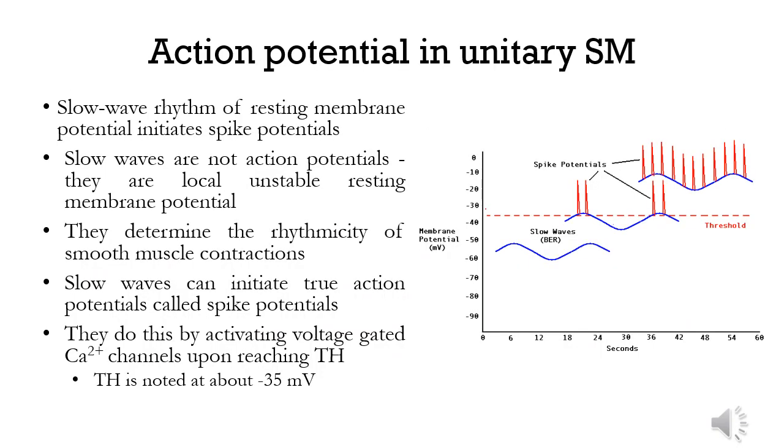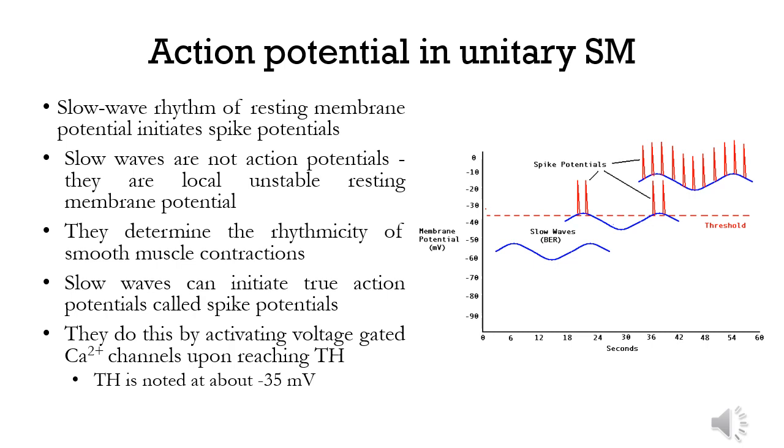On this slide, I just want to emphasize the fact that the slow wave rhythms are not necessarily action potentials, but these are unstable resting membrane potentials. So they are still local unstable potentials. They determine the rhythm of the smooth muscle contraction and can initiate true action potentials if they hit the threshold, and these are known as spike potentials.